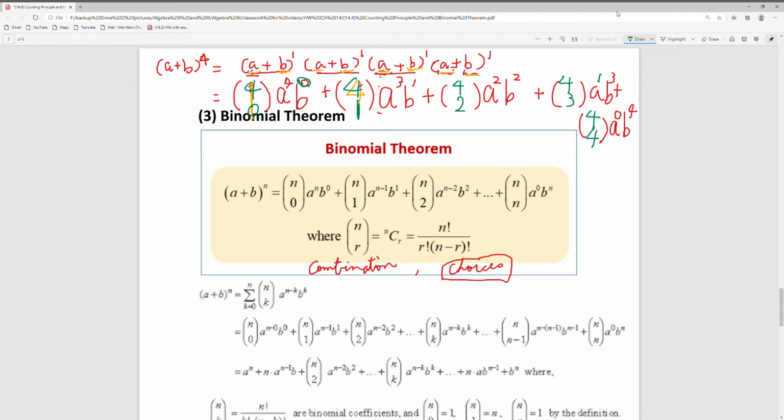Publishers like to follow the exponent of b, so start from 0 and then 1, 2, 3, 4. It looks better for the formula.